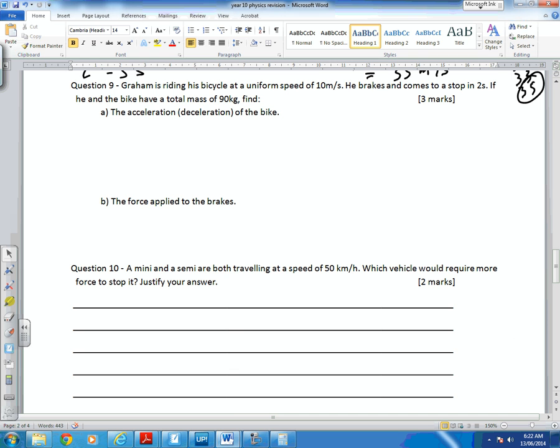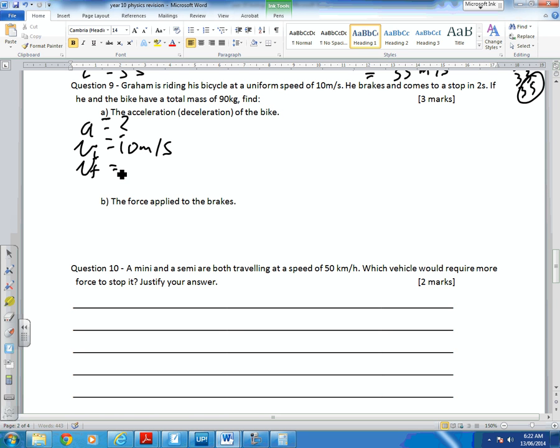Question 9. Graham is riding his bicycle at a uniform speed of 10 metres per second. He brakes to come to a stop in 2 seconds. If he and the bike have a total mass of 90 kilograms, find the acceleration of the bike. So we want to find acceleration, so that equals question mark. Initial speed is 10 metres per second.